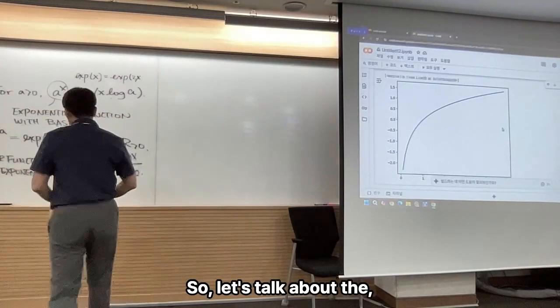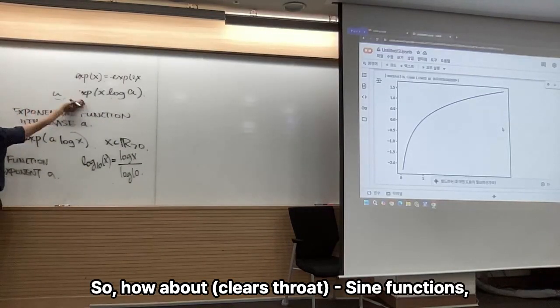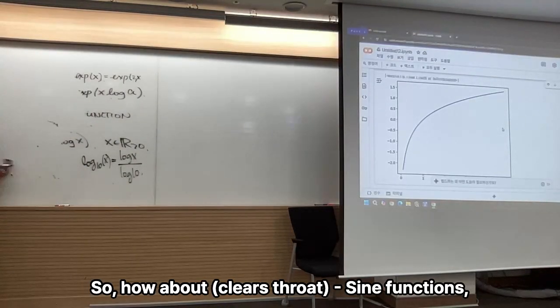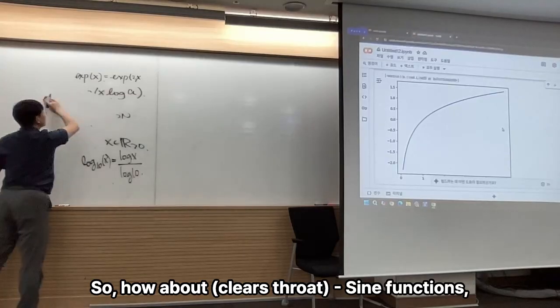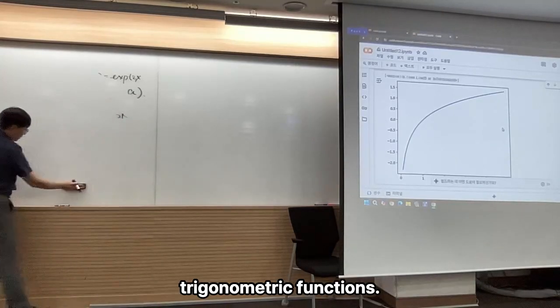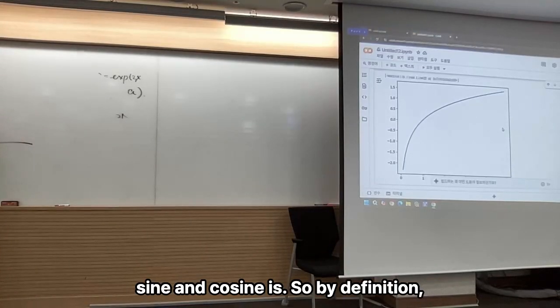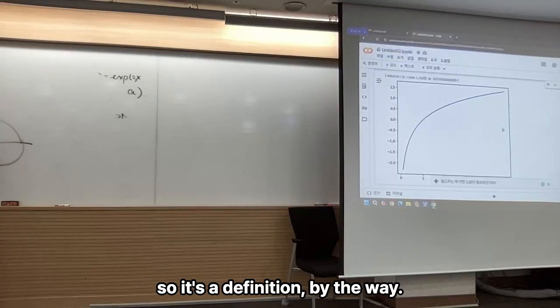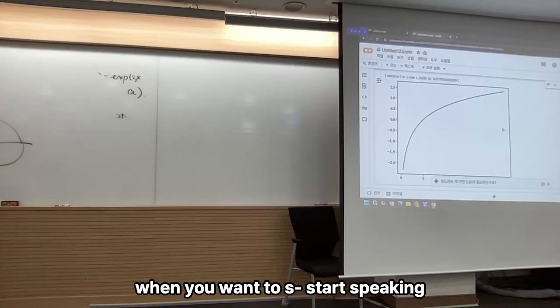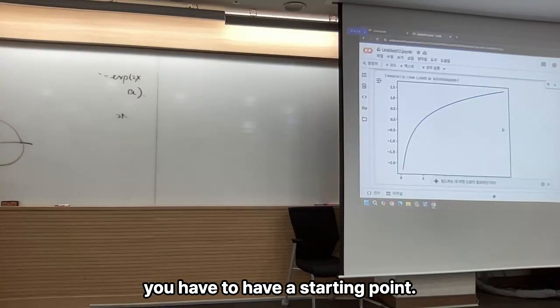So we implement these two. Okay. So how about sine functions, trigonometric functions? We know what sine and cosine are. By definition, so it's a definition, by the way. When you want to start speaking about the terminology, you have to have a starting point.